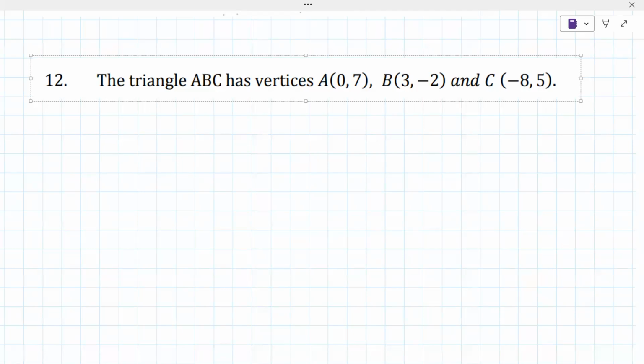All right, I have it. Excellent. All right, so I'm going to graph it here as well.